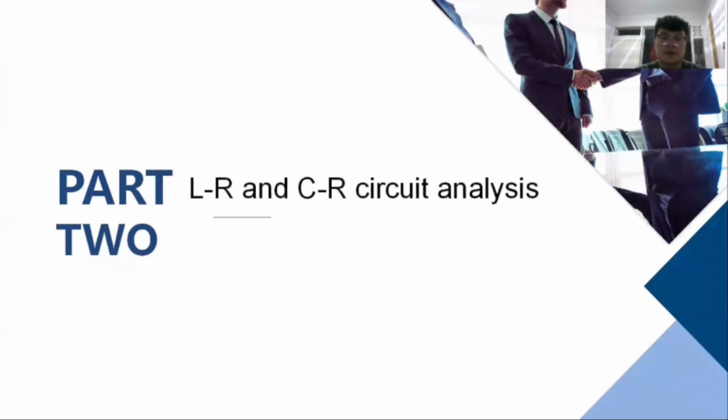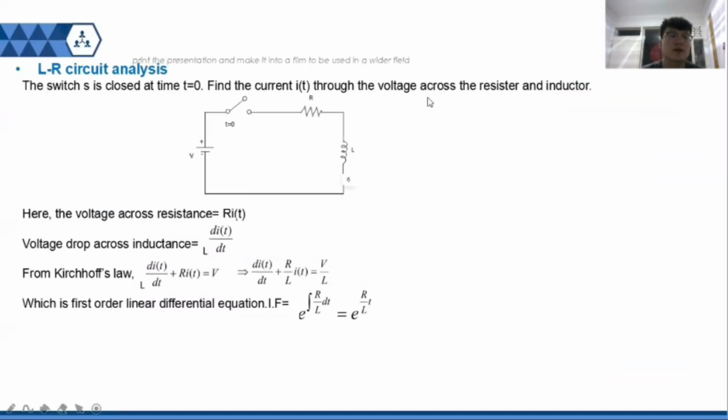Okay, next, for part 2, the analysis. For the LR circuit, the switch is closed at time t equals 0, and then we find the voltage across the resistor and the inductor. These are some basic laws for resistance and inductance.